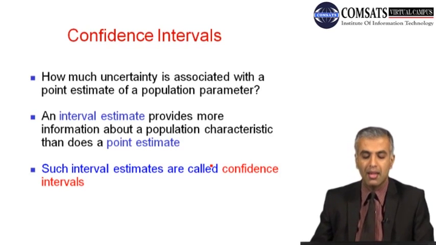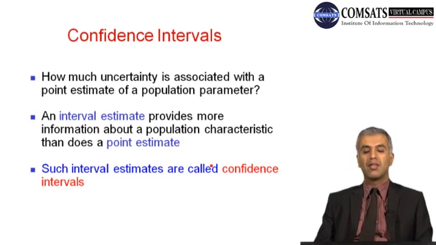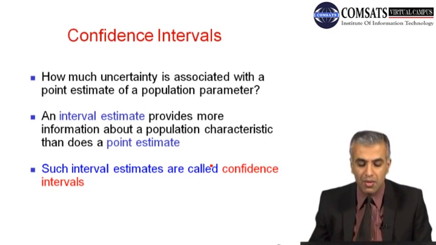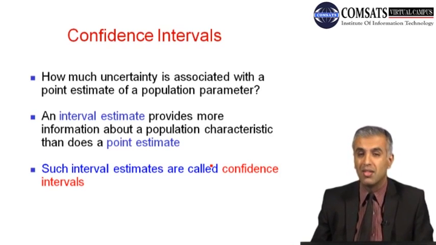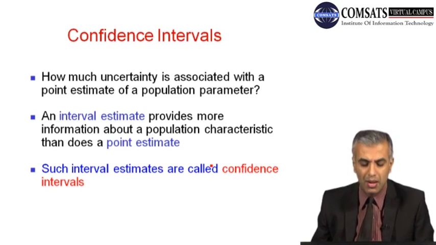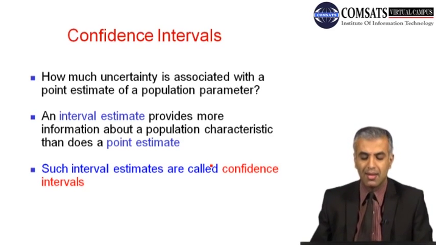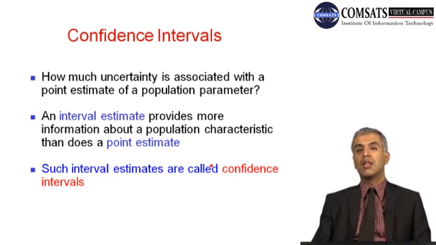In this case we have to be sure to what extent this value can fluctuate on the positive side or negative side, and in order to calculate that we have to calculate an interval estimate, which would give us more information about that specific population instead of a single point estimate, which won't give us much information. So these interval estimates are also termed confidence intervals.